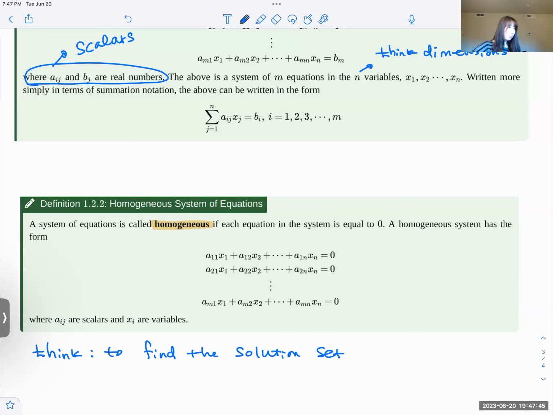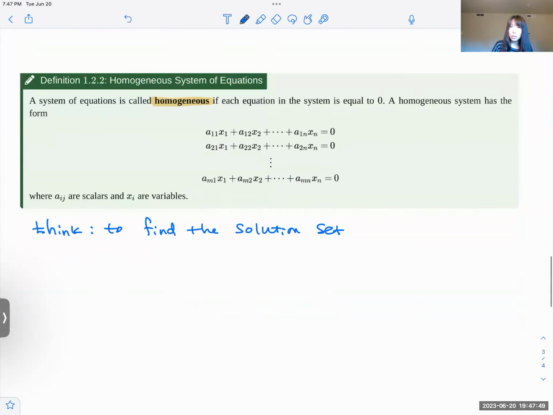Okay. Now, another definition, the last terminology, right? Linear algebra is like a different language, a lot like in math, statistics, and linear algebra, okay?